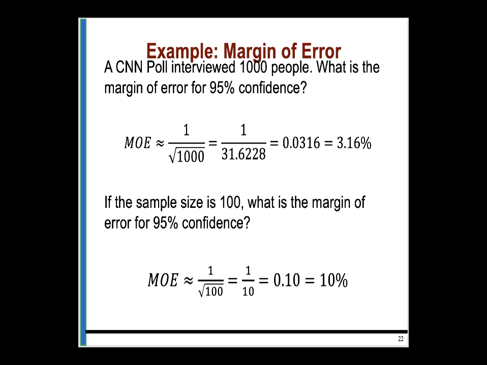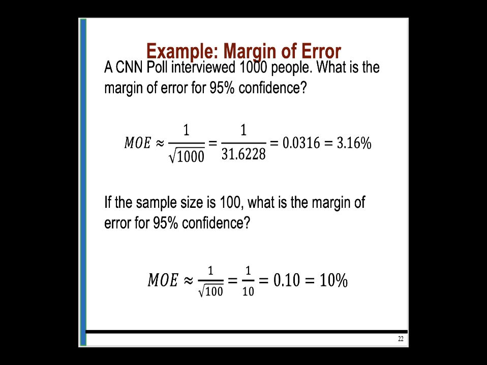So if we look at another poll from CNN, they interviewed 1,000 people. What would the margin of error be if we wanted to have 95% confidence? What this is asking is, when we get our p hat from our sample, how close do we think it's going to be to the true population parameter? So the margin of error is approximately 1 divided by the square root of the sample size.